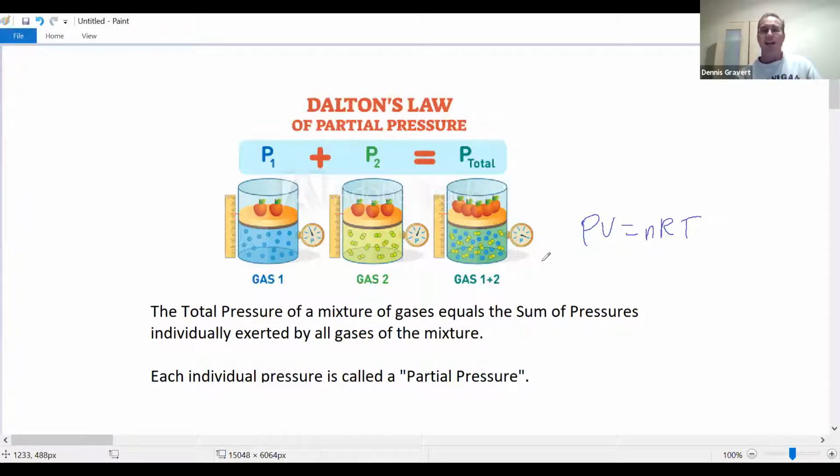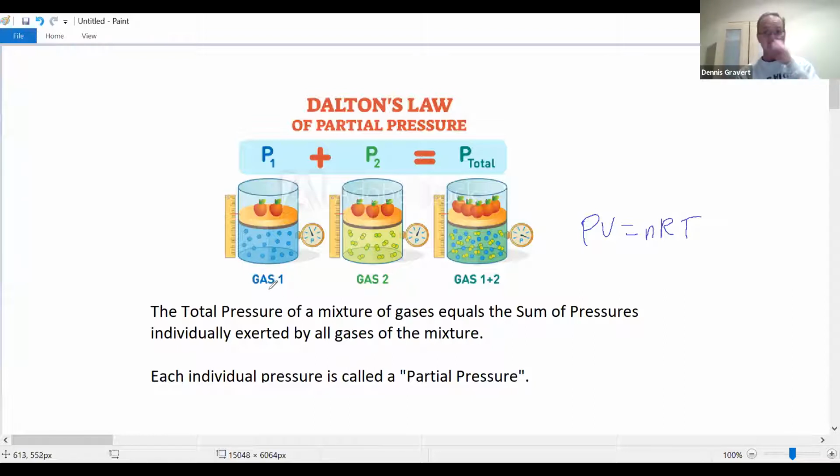Also, you can break it down and say, well, let's add more molecules of gas number one, and then you can calculate based on how much gas you add what the pressure is going to be as if it was separate. And it just allows you to do a few tricks. And I'll show you those tricks in just a second.